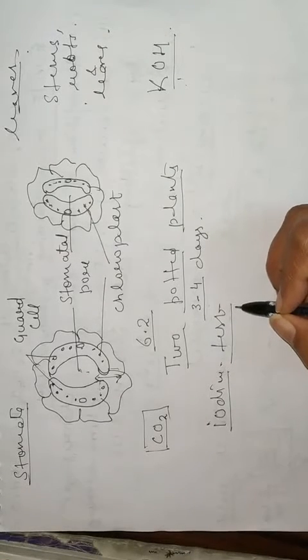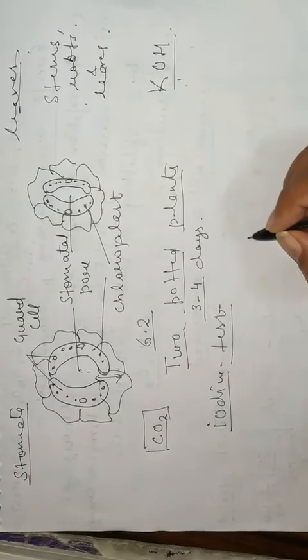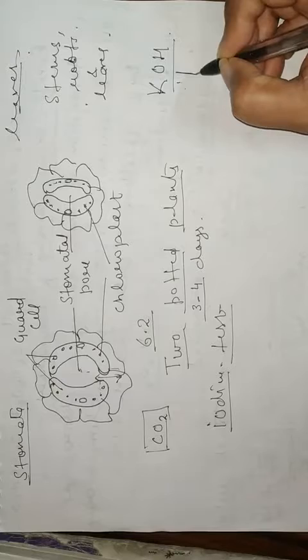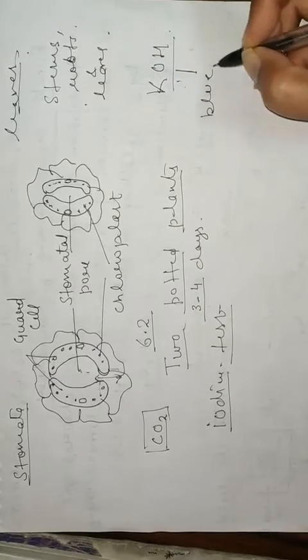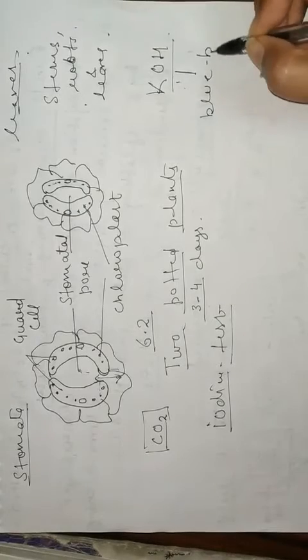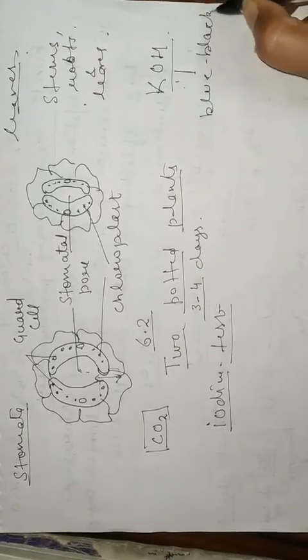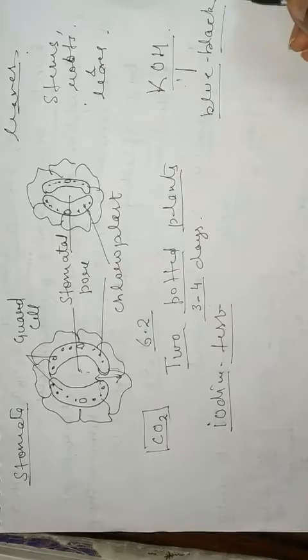We saw that the leaf in the pot in which the KOH is present does not show blue-black color. And the one with no KOH shows the blue-black color.